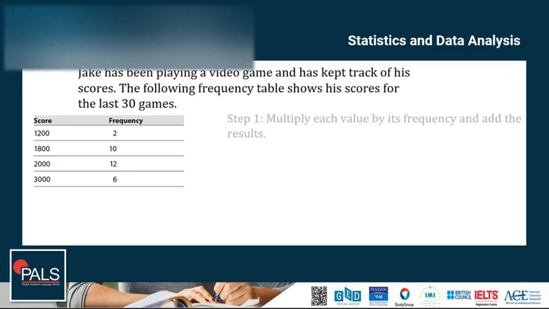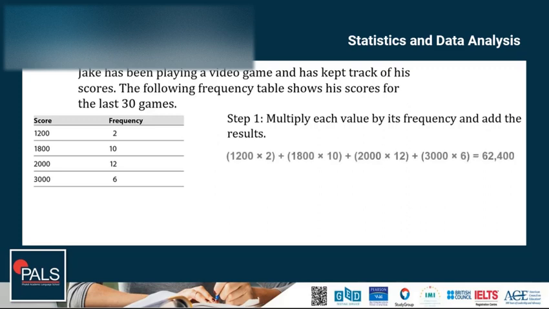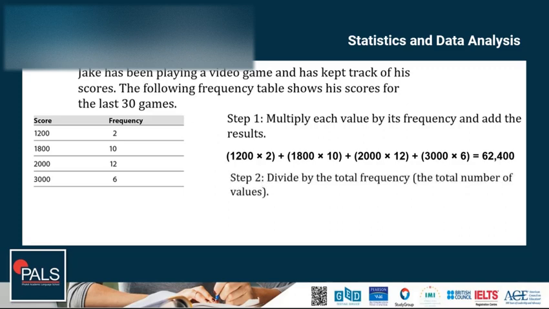Okay, step 1. Multiply each value by its frequency and add the results. So we have 1,200 times 2 plus 1,800 times 10 plus 2,000 times 12 plus 3,000 times 6, and the total is 62,400. Step 2.